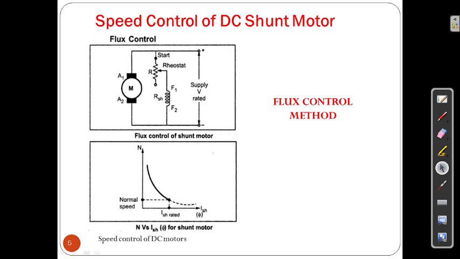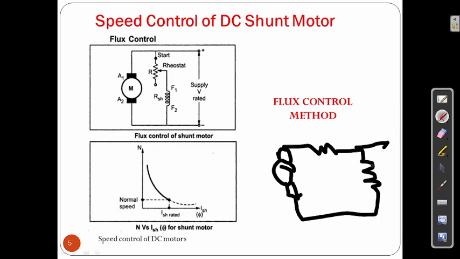This is the flux control of a shunt motor. We also have the series motor, where the connection is in series. This flux control is of the shunt type because the connection is in shunt, whereas in the series motor, with terminals A1 and A2, the resistor is connected in series with the field winding.